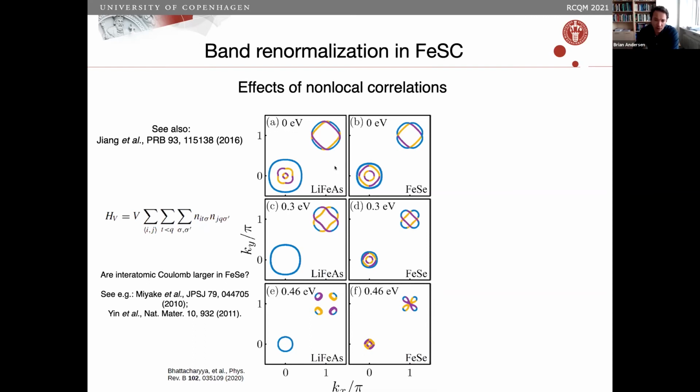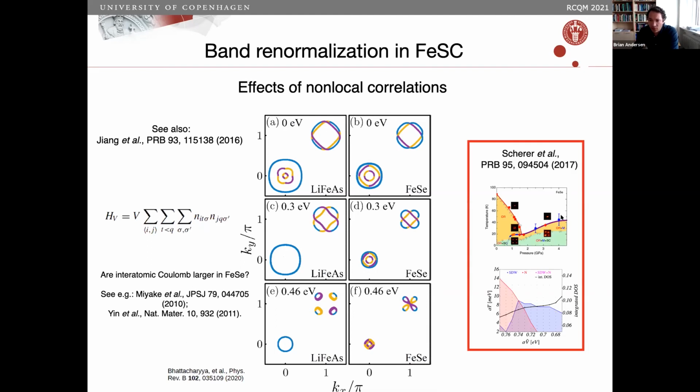And now, of course, we start entering the discussion of whether these longer range Coulomb repulsions are really larger in selenium than in other materials. One might speculate that spacing layers lead to less screening and so on. I think this is unknown, but there are actually some cRPA calculations pointing to that effect.